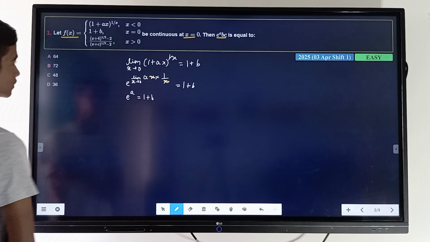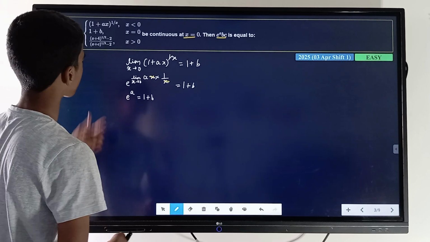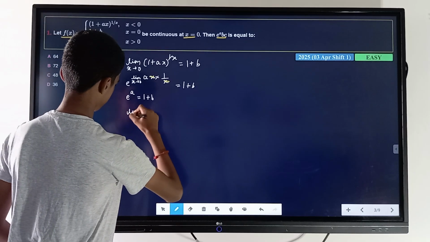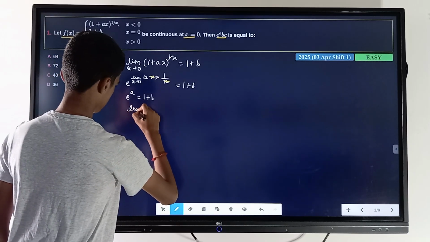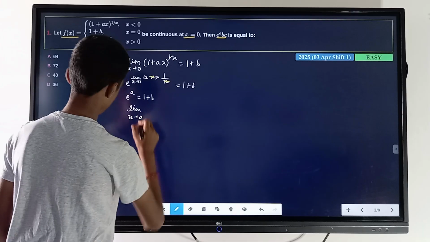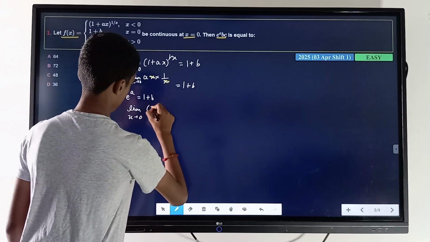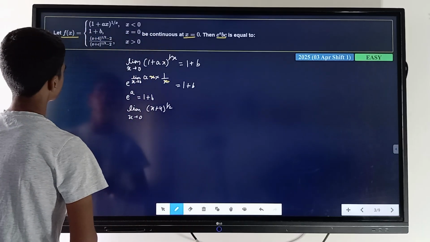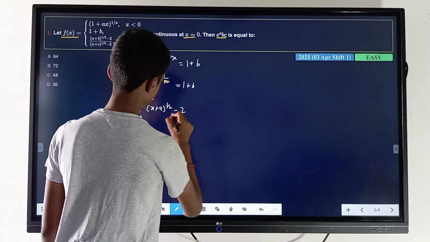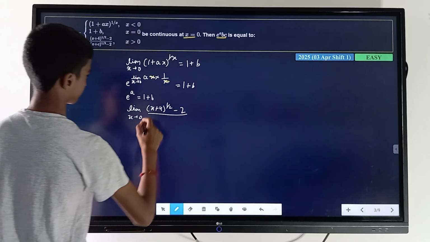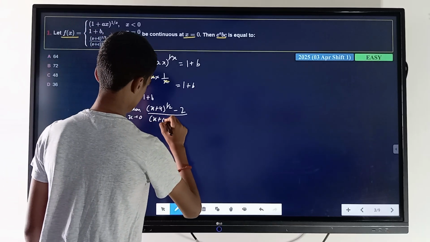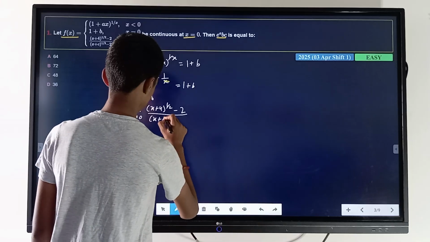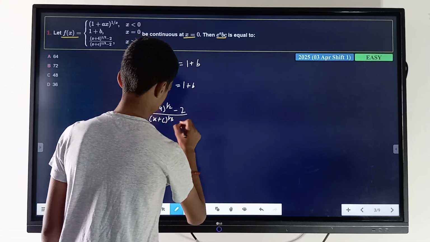Now we will do the same for x greater than 0, this expression. Limit x tends to 0 of (x plus 4) raised to power 1 upon 2 minus 2, divided by (x plus c) raised to power 1 upon 3 minus 2.